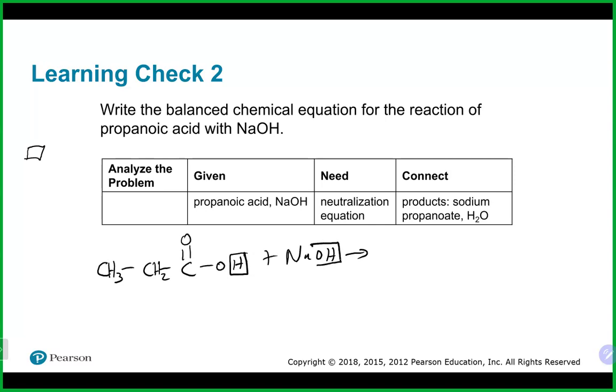H and OH are going to come together to make our water. And then we put the other 2 parts together, and we'll basically get CH3, CH2, C double bond O. Once again, this is going to have a negative charge, and we will also have our sodium floating around with it. Any questions on that one?